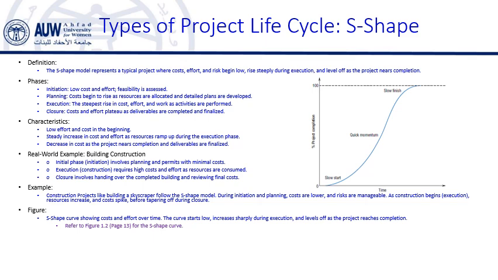As a real case example, a classic example of the S-shaped life cycle is the construction of a new office building. During the early stages, the team is involved in planning and designing the office, with relatively low activity levels, only meetings. Once construction begins, activity intensifies.